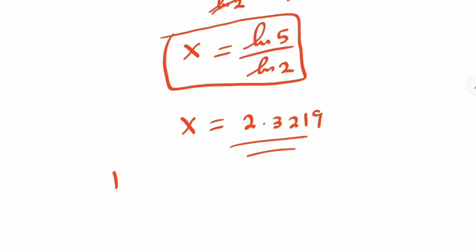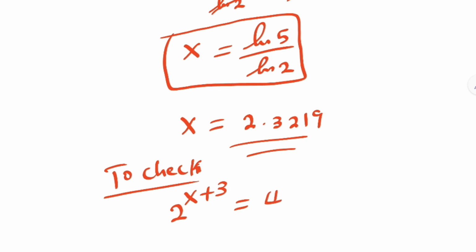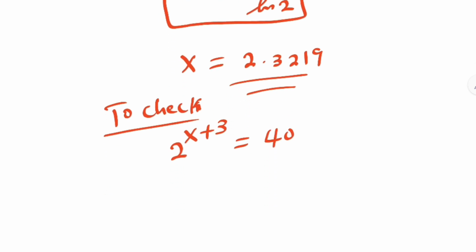To check, we have the given equation 2 raised to power x plus 3 is equal to 40. Then this is 2 raised to power 2.3219 plus 3 must be equal to 40.